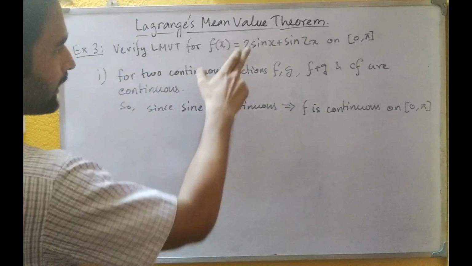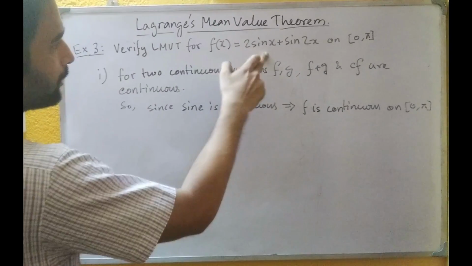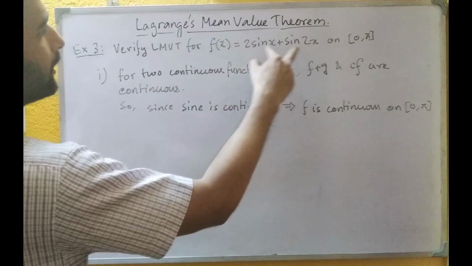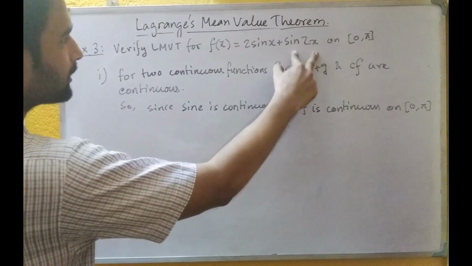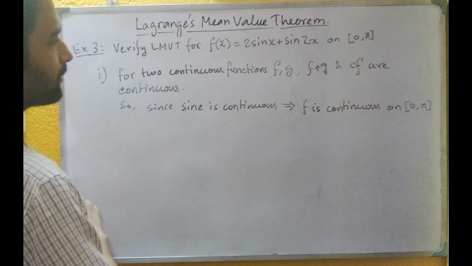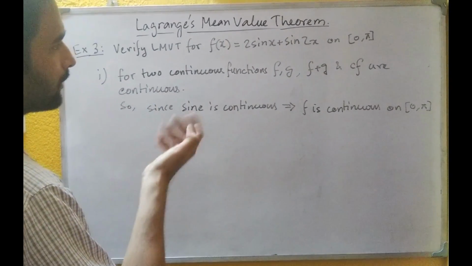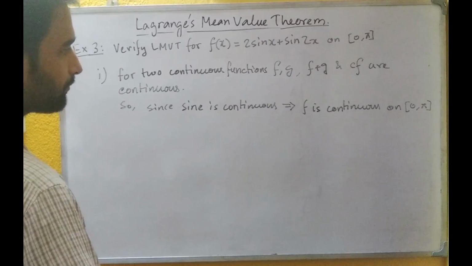It is a scalar multiple of sin x, that is 2 into sin x, and also sin 2x is again continuous, so it is the addition of two continuous functions. So finally f of x, being a combination of two continuous functions, is continuous.